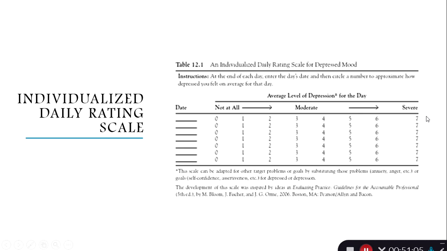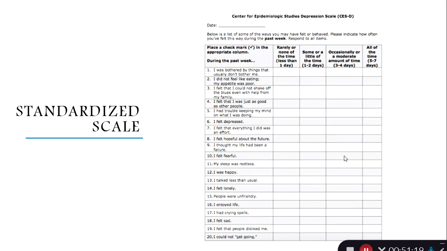A good happy medium between 3 and 7 is 5. So at least 5 points on the scale, but we can modify this however we need to.